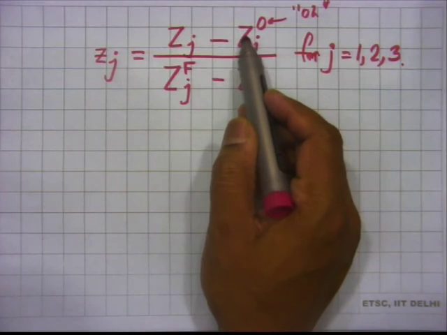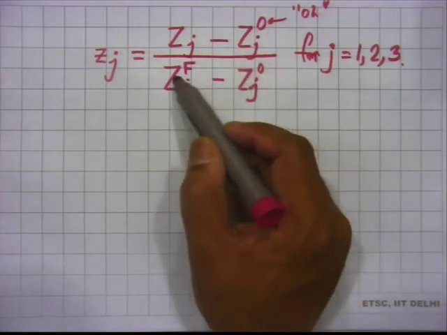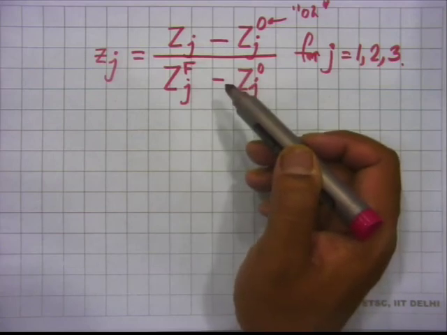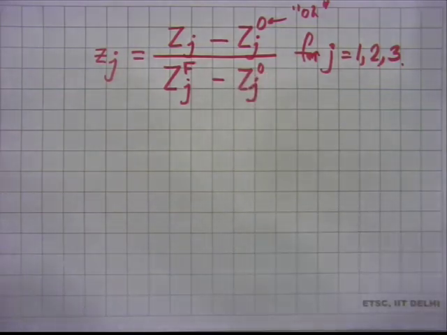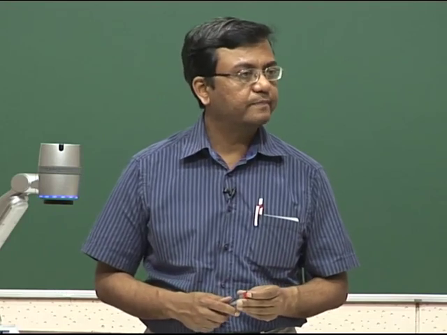This is the value of Z in the oxidizer stream. This is the value of Z in the fuel stream. Which Z are we talking about? We have 3 Z's, right? We just now saw that we have 3 conserved, passive scalars, which we call Z1, Z2, Z3.